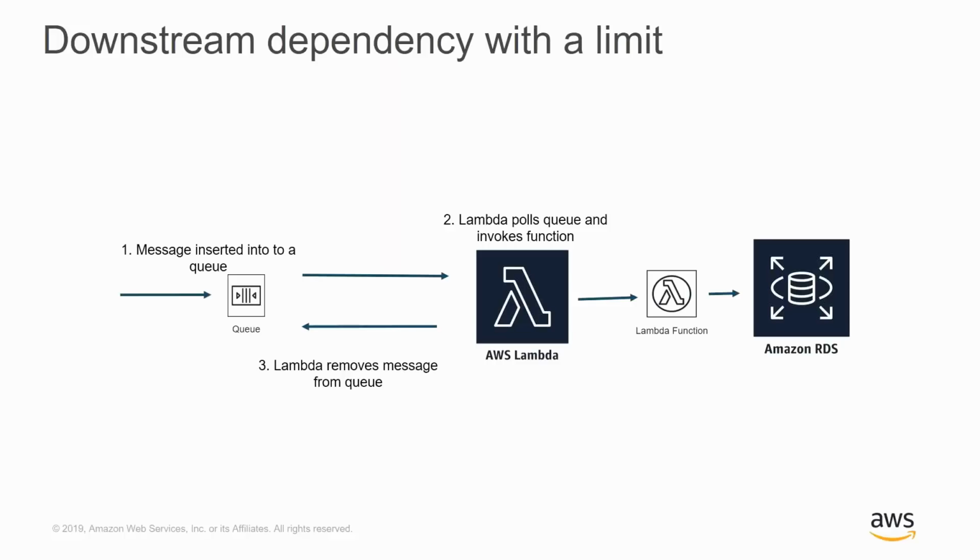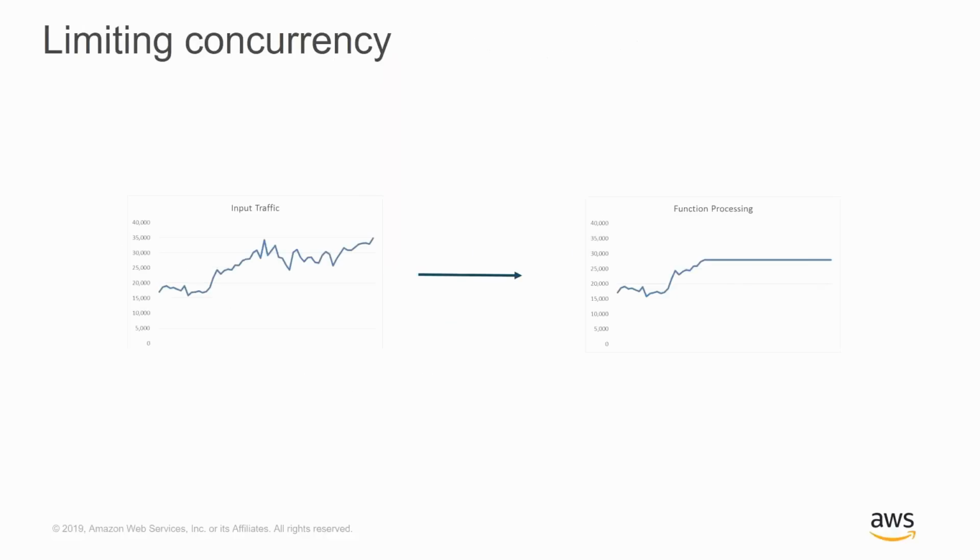In that situation, you will potentially run into a problem. If there's a sudden burst of traffic going into the input SQS queue and the Lambda poller scales up to deal with this incoming rate, your Lambda function calling that limited dependency would start browning it out. It would cause an overload of that limited capacity downstream dependency. So in those situations, you want to be able to limit the concurrency.